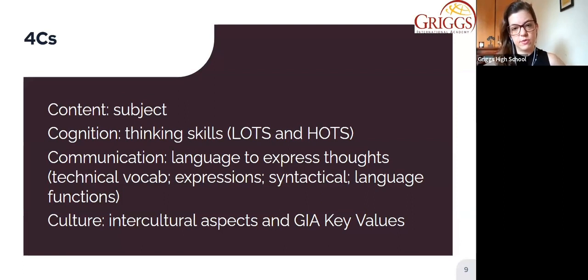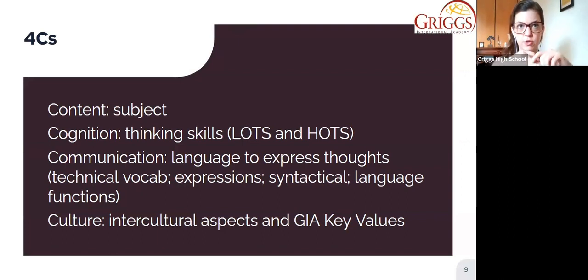Cognition: thinking skills, LOTS and HOTS, or Bloom's taxonomy. What are the thinking skills that the students are going to use or need throughout this lesson in order to produce this content? Are they going to list words? List ideas? Compare concepts, pictures, ideas, different types of food?